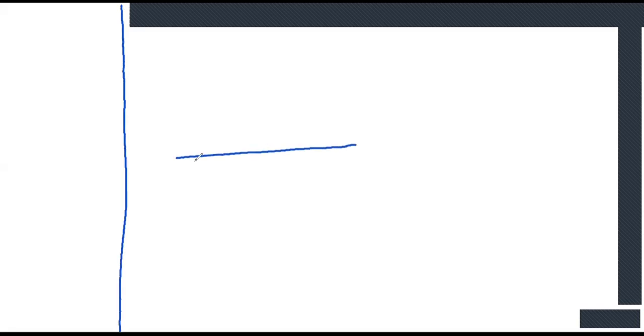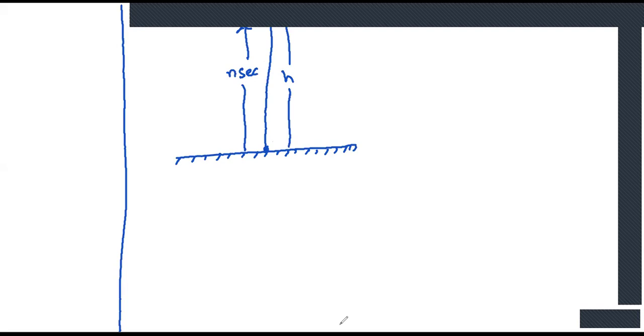Let us consider this is my ground. The particle is projected up. It takes a time n seconds and rises to a height h. It is not the maximum height.